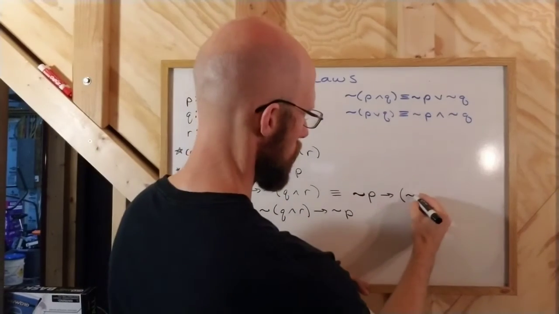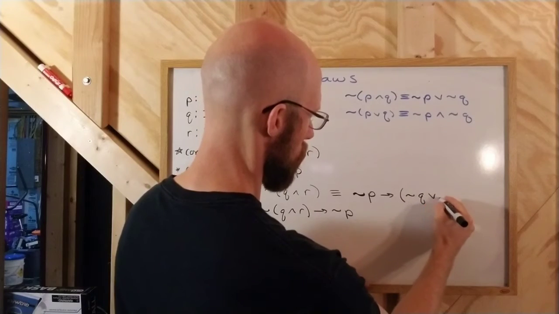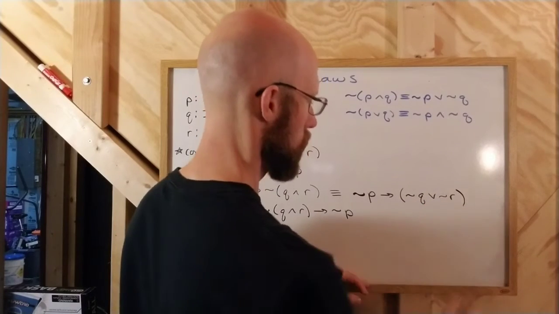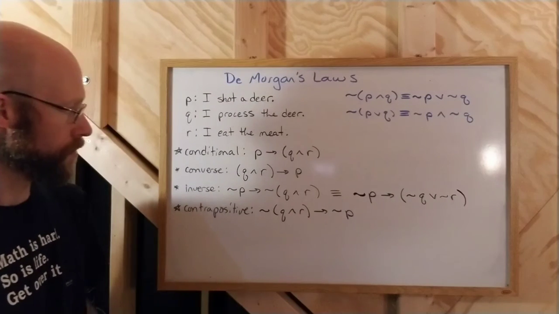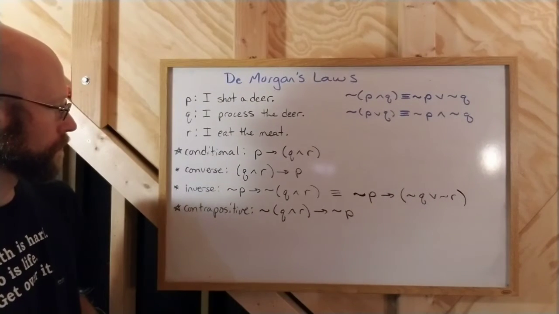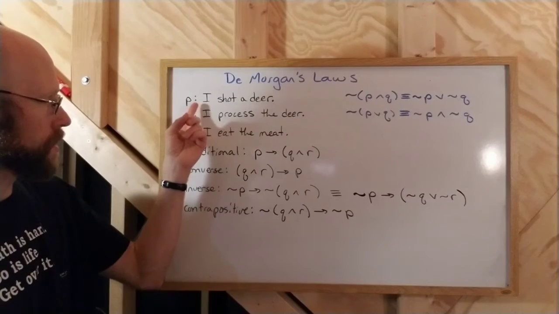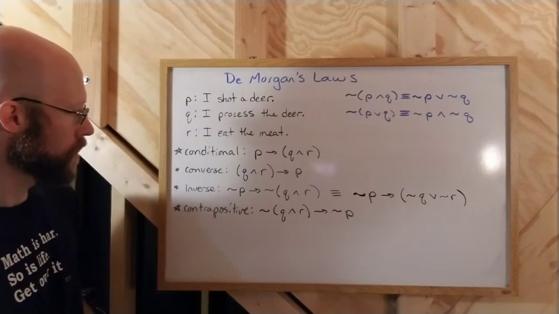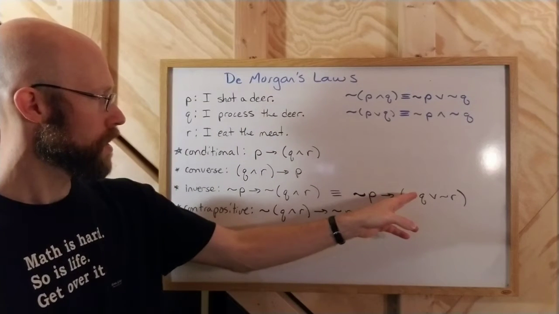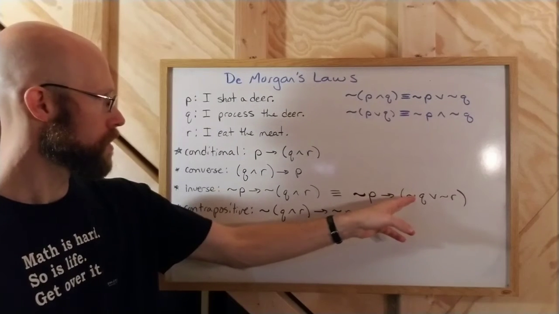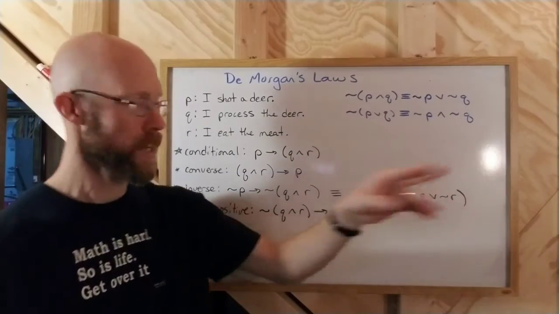So it's not Q or not R. Okay. So the inverse is saying, I did not shoot a deer. If I did not shoot a deer, then I either did not process the deer or did not eat the meat.